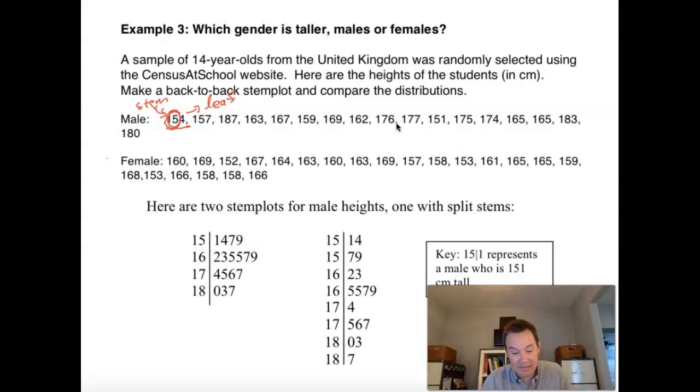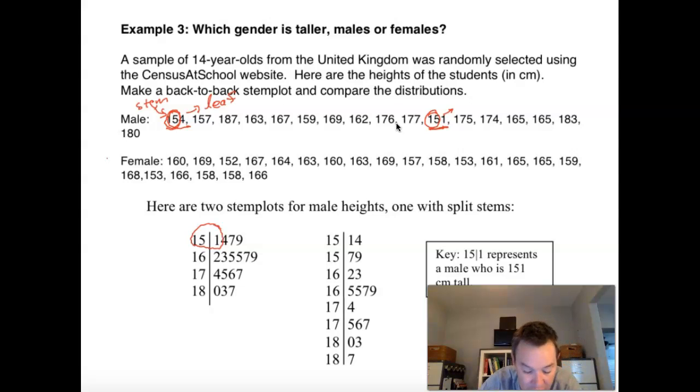And then we're going to take the data, and you want to do this in increasing order from closest to the stem out. So you're going to go through and find the smallest number first, which is 151. So the 15 becomes the stem and the 1 becomes the leaf. And so that's the first number in our stem and leaf plot.